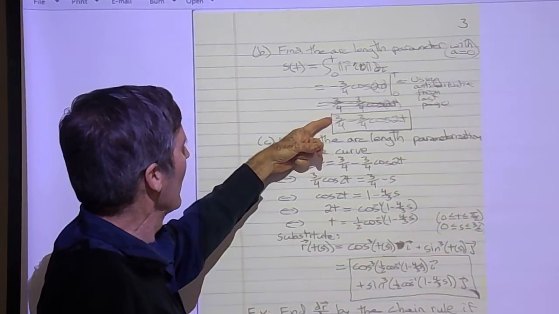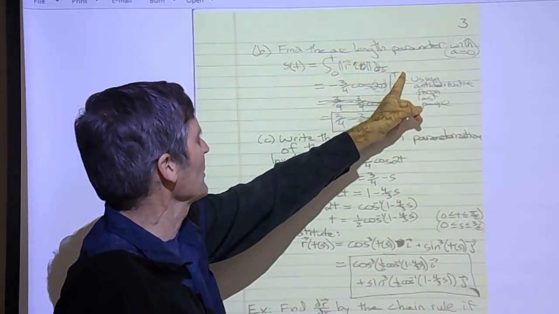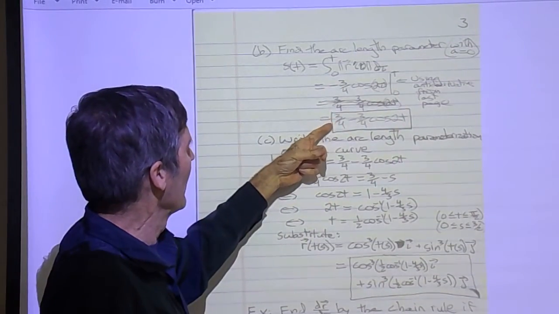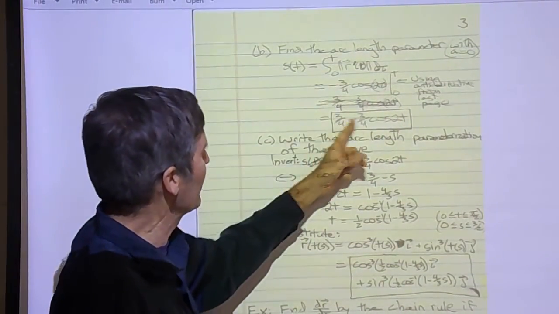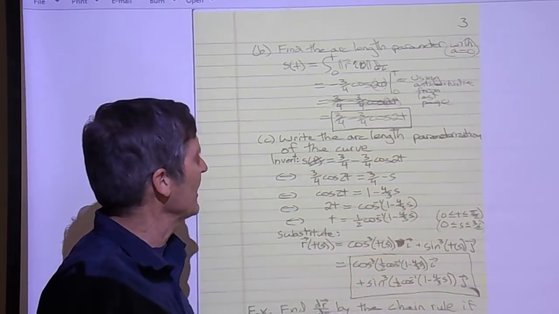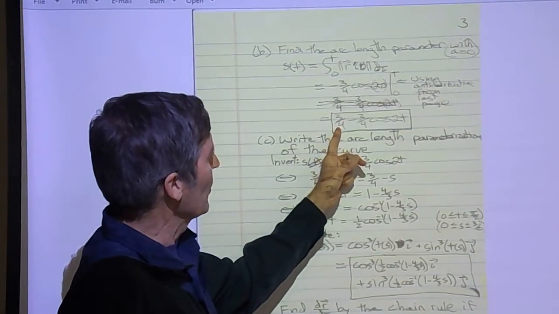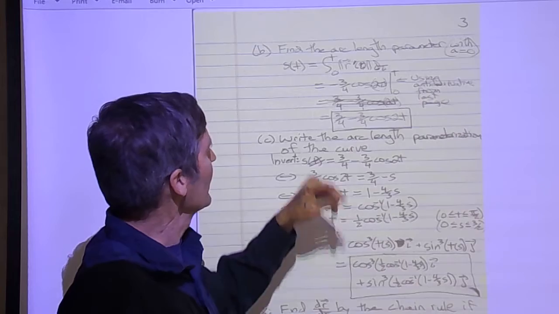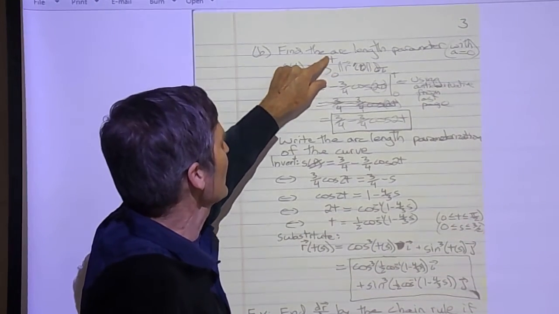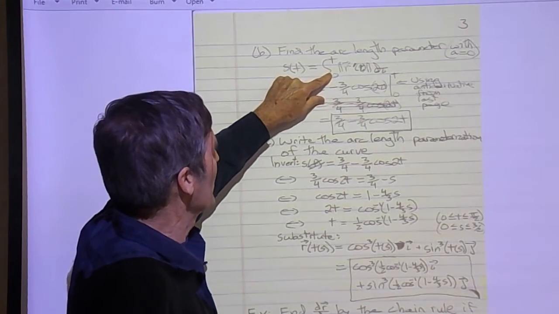Now, at this end, it's minus 3/4 cosine 2t, and at this end it's minus 3/4, so the minus in front is subtracting negative 3/4. So 3/4 minus 3/4 cosine 2t is the arc length at any point t along the curve. So at t equals 0, we've got arc length 0. The reason is if you take the arc length parameter from 0 to t, notice this is the thing that measures off arc length, with arc length at t equals 0 being nothing, right?